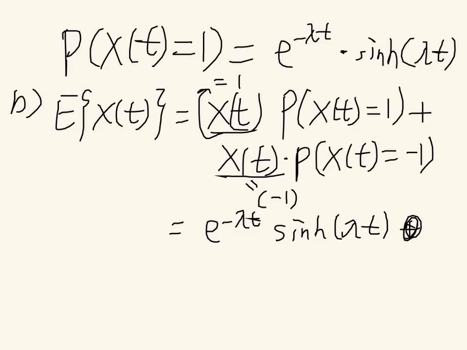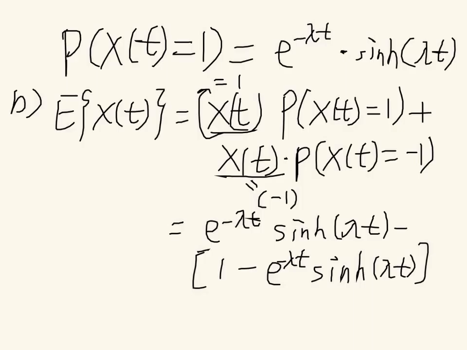It should be minus 1 minus e to the minus lambda t sinh of lambda t, and this is equal to minus 1 plus 2 times e to the minus lambda t sinh of lambda t.